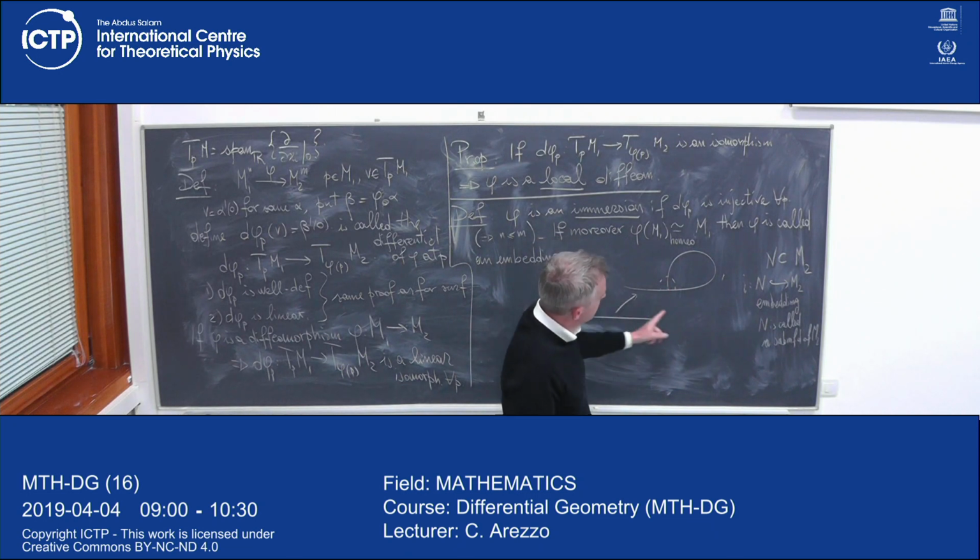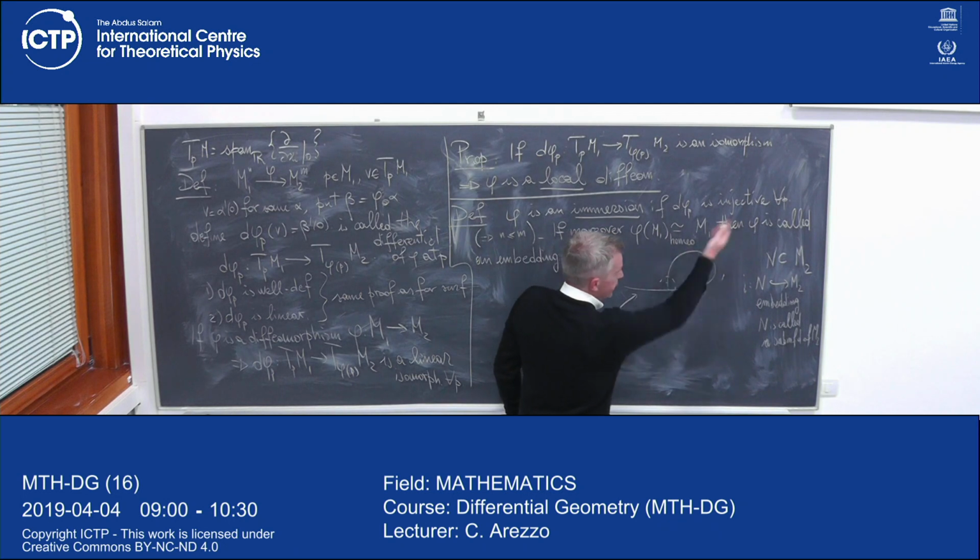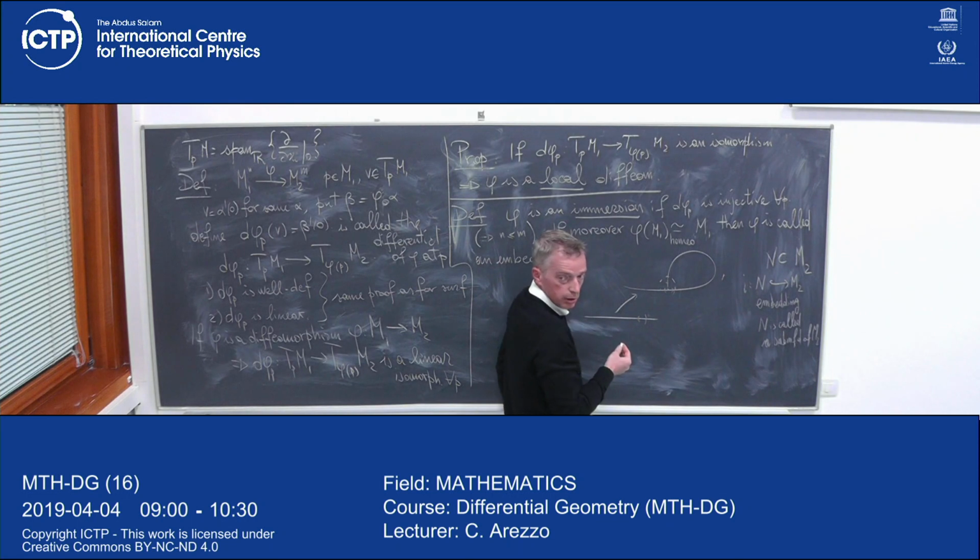Here the failure of being an embedding is clearly a global failure, because around this point here, I can pick a sufficiently small neighborhood where this is actually an interval of R. And even here, if I pick a sufficiently small interval, I won't see this other bit. If I take the restriction of phi only around any point here and a small interval around it, of course everything else disappears, and I'm left just with a beautiful piece of interval also here.